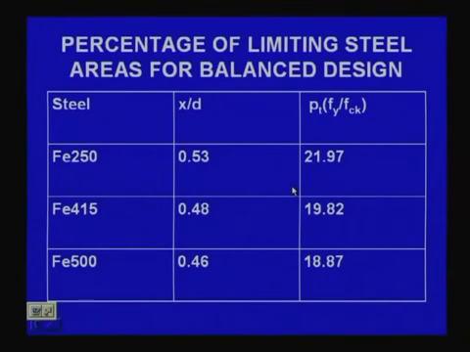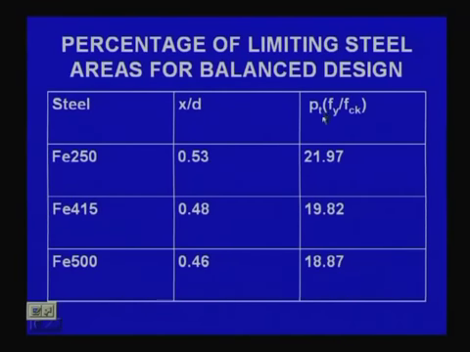Just to conclude this session, the percentage of limiting steel area for balanced design we can find from the derivation, other things I shall give you at a later stage. We can find for different steel the XU by D or X by D, whatever you say, and the percentage of steel.